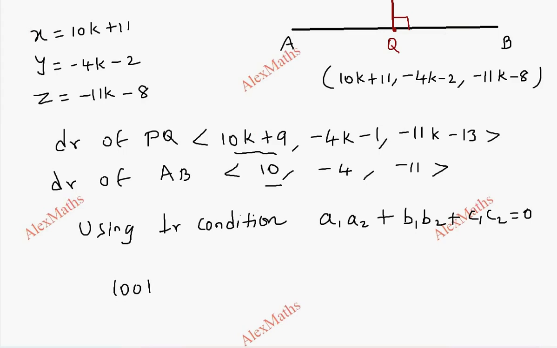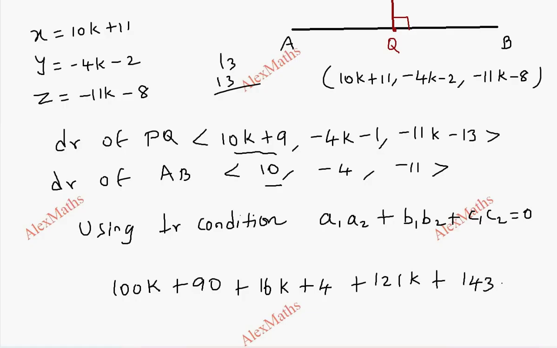So 100K plus 90, then again we have to multiply this, plus 16K plus 4, plus 121K plus 13 into 11, so 13 into 11 is 143, which is equal to 0.